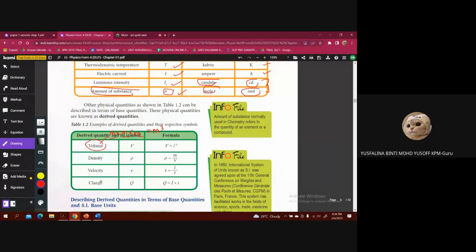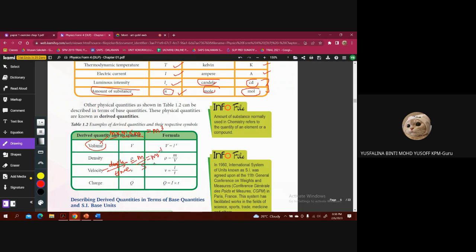So for velocity, it is displacement divided by time, right? So that one we use a division. Displacement is meter, time in second. So we got m s negative 1.